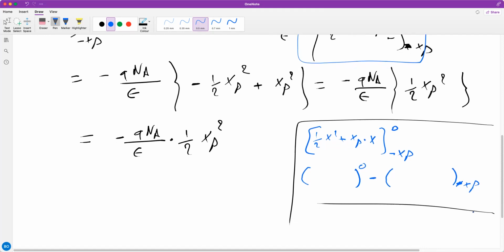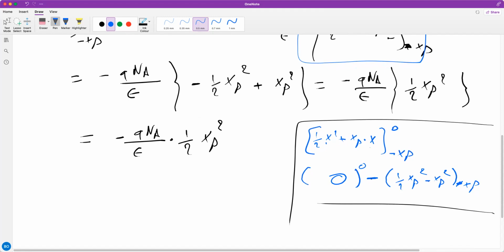Exactly. Let me just explain it so that people don't get confused. Amna, very good, you understood it. So this will give me 0 because x is 0, this will make 0. I will keep the minus here, and I will explain here. This will give me 1/2 xp squared, and then minus xp squared, right?